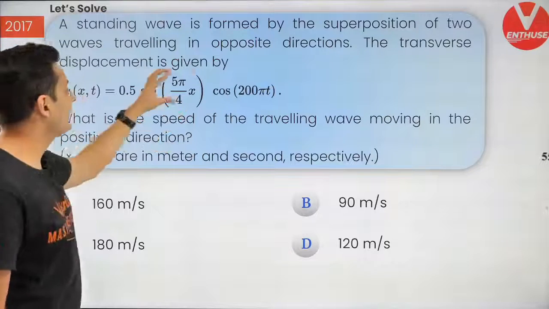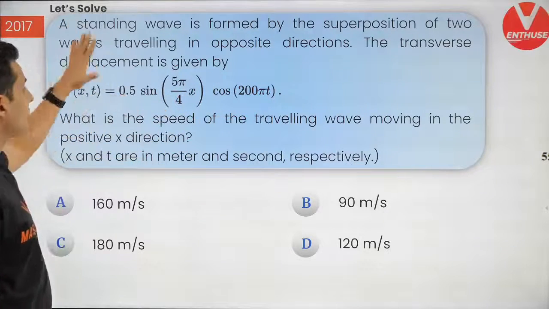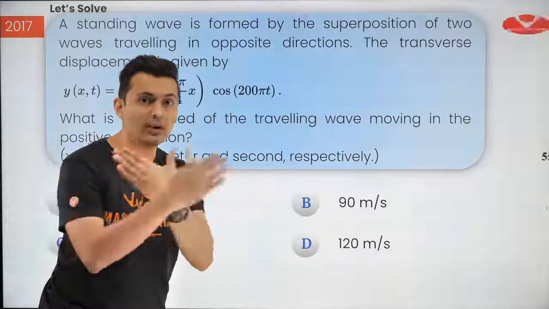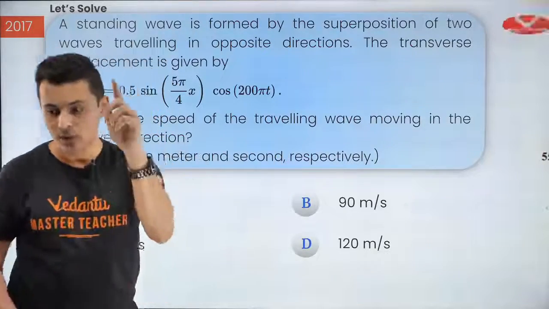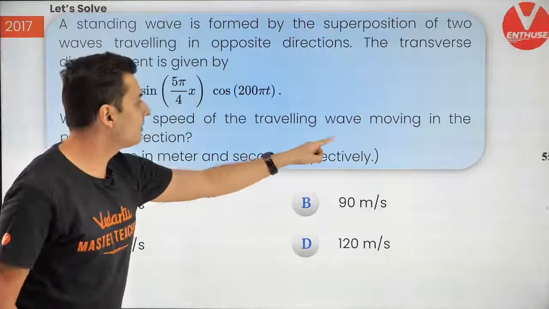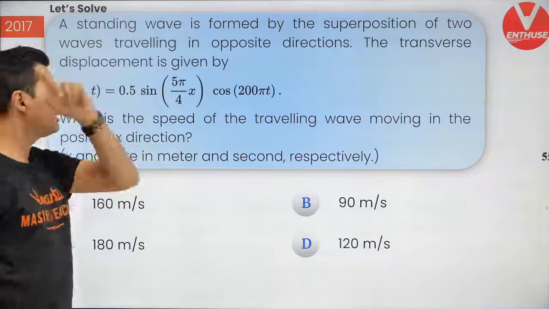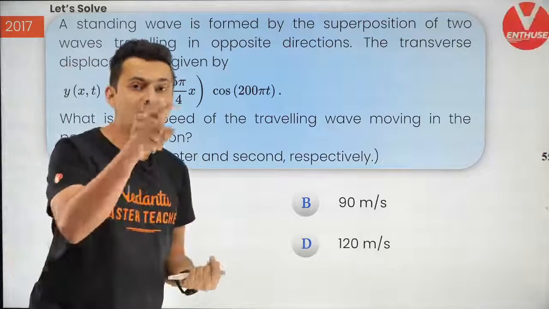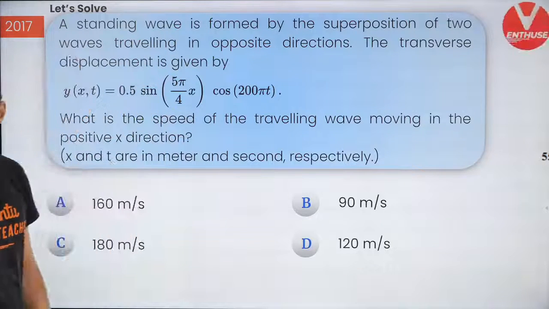So this is the resultant wave equation. So the standing wave equation is given to you, which is the result of 2 waves going in the opposite direction. Now, what is the speed of the traveling wave moving in the positive x direction, which makes up one of those 2 waves? Think about it.